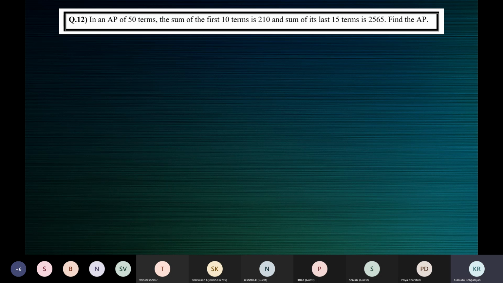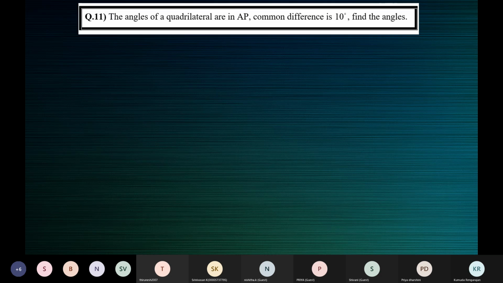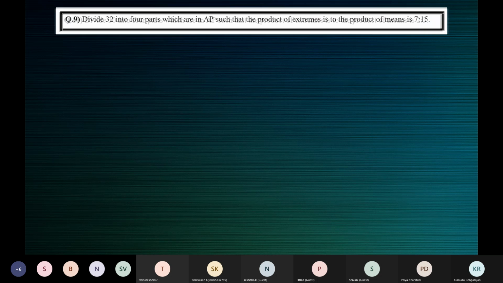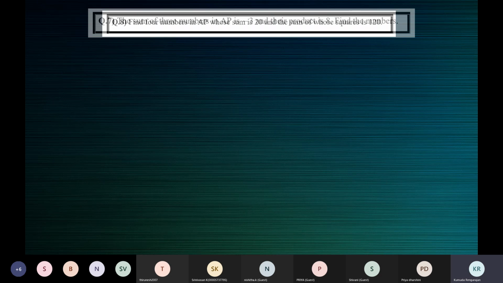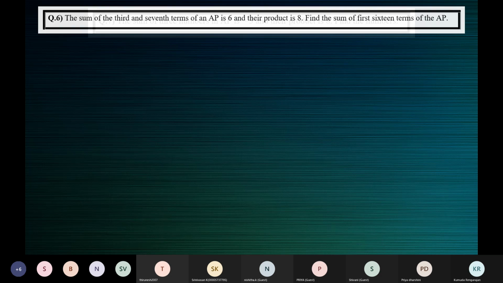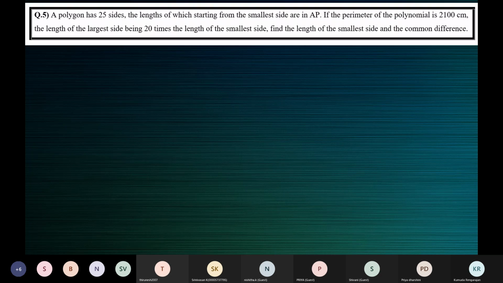Yeah, take a screenshot of this one. Second question, this one, meaning the 12th question, which is the second question for homework. This is not in your syllabus this year. You can try this. Take a picture.